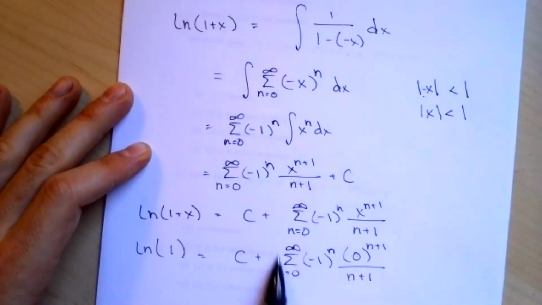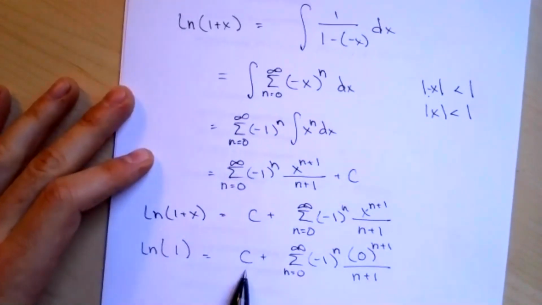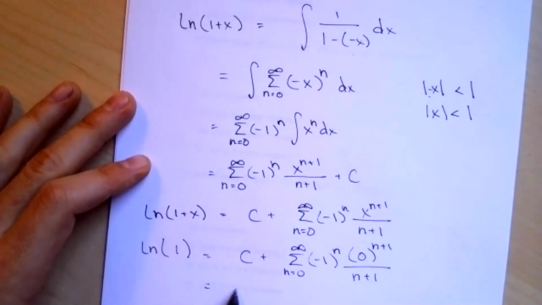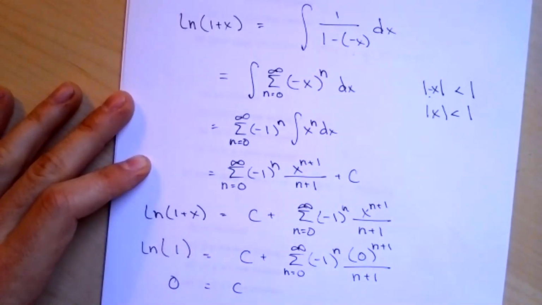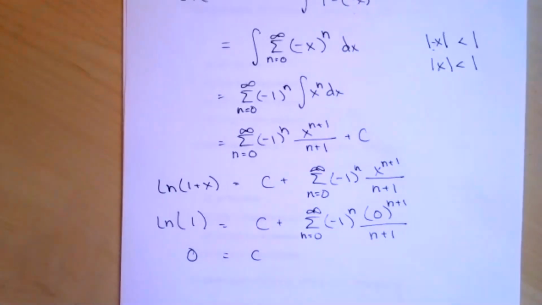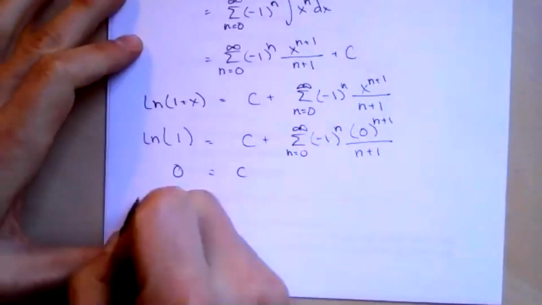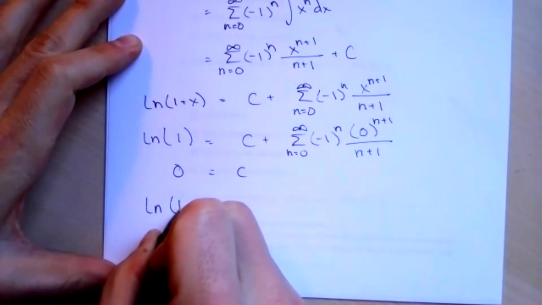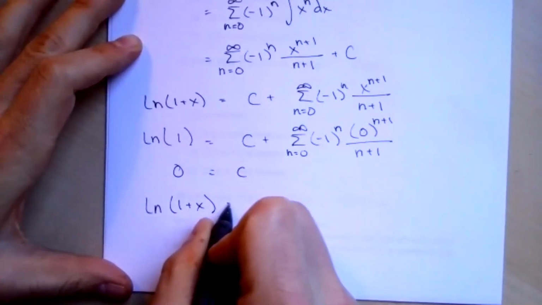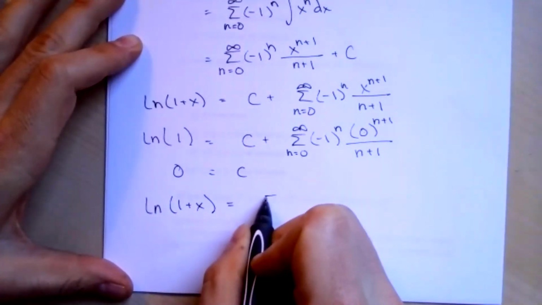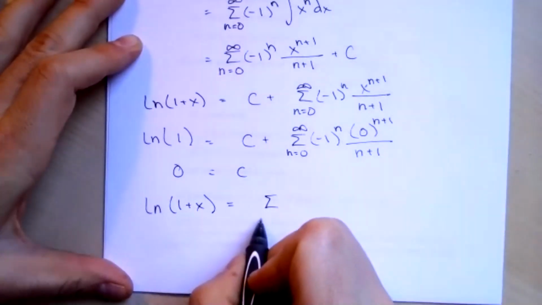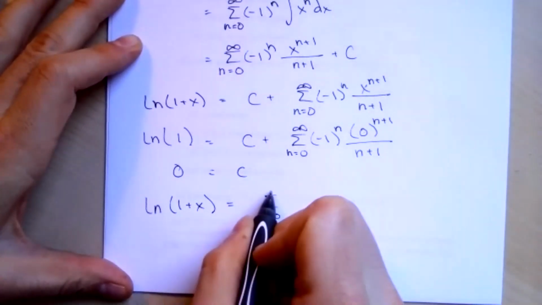Since the first term starts with our linear term, when I plug in 0, the entire series is going to vanish and only leave us with that constant term, which means our constant term is just 0. So we didn't need it. Zero constant term, which means we have a nice power series representation of natural log of 1 plus x. So as we derived it here, it's going to look like this.